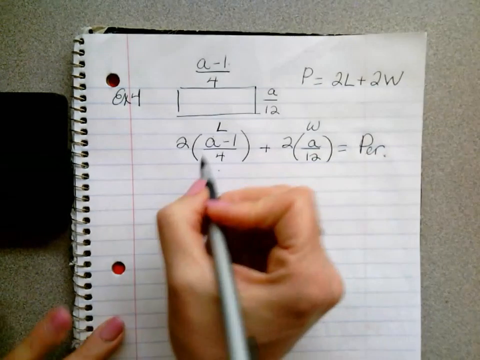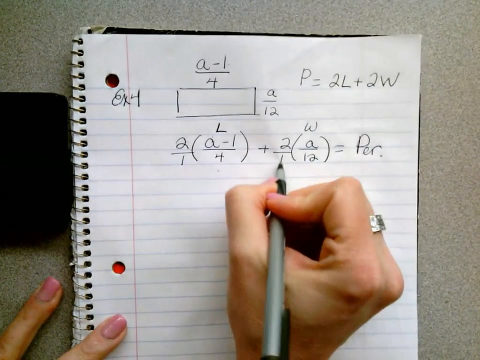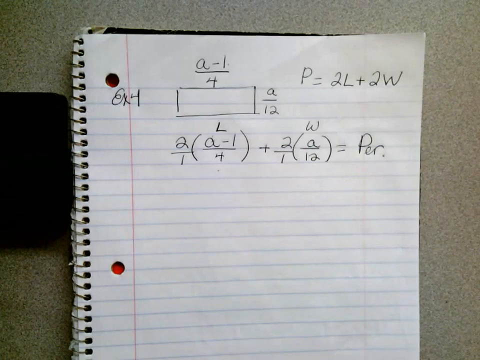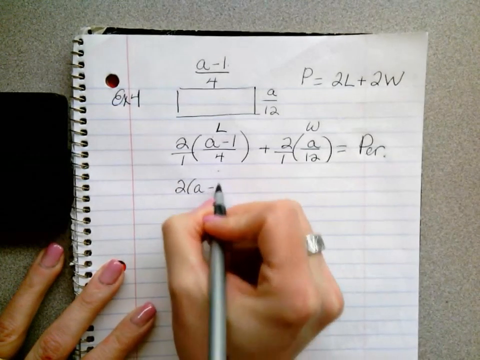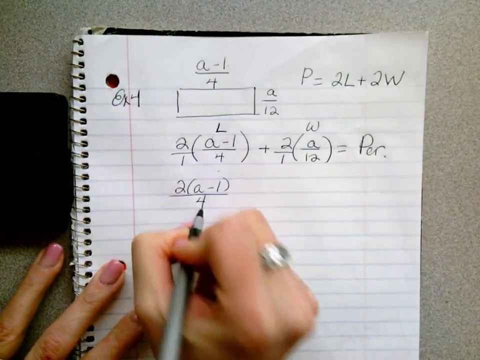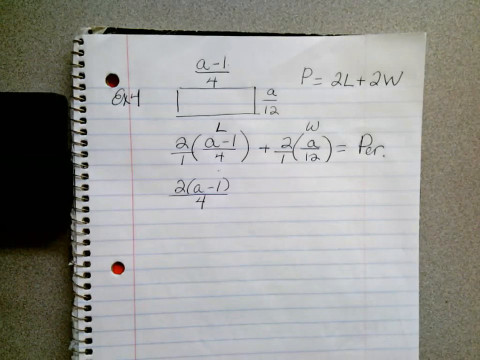All right. This is literally 2 over 1. Okay? So 2 times a minus 1 over 4 becomes 2 times a minus 1 over 4. I'm leaving it like that because I'm going to reduce it before I add it together.